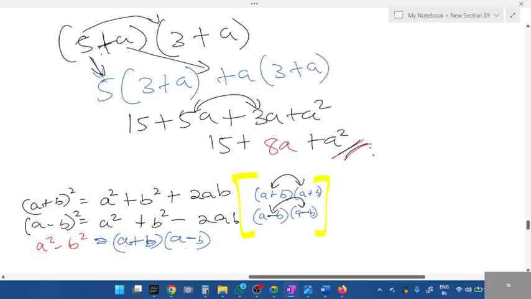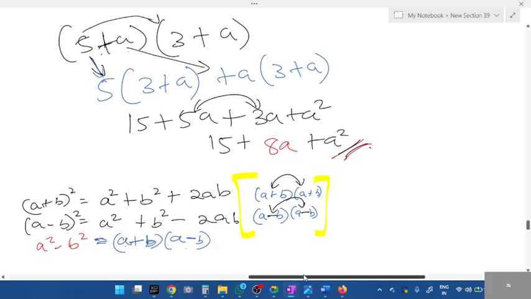We are adding, we are not multiplying, right? Yeah. Addition, students. Addition, 8a.